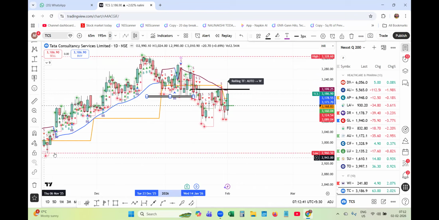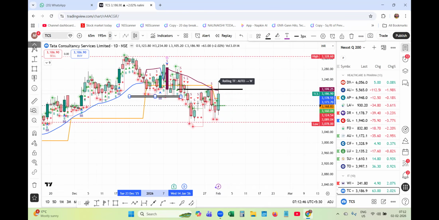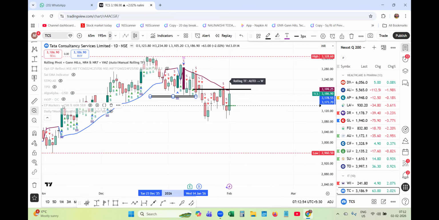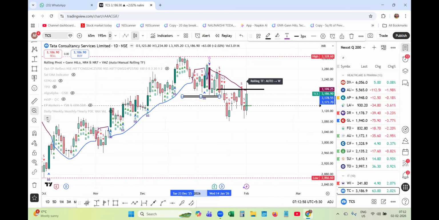Let me enable my indicator, rolling pivot. First, let me hide this POC. And just with the rolling pivot, you can see here, let me zoom it.